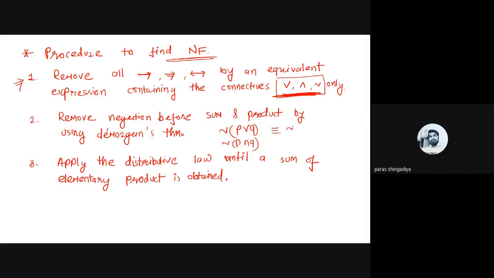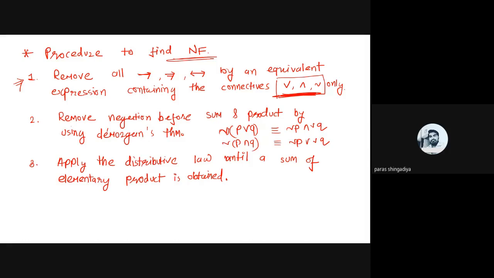That can be written as negation P and negation Q, and the negation of a product is logically equal to negation P or negation Q. So by using De Morgan law, we can remove this negation. And third, apply the distributive law. One point here is that the negations should be inside the bracket, not outside the bracket.